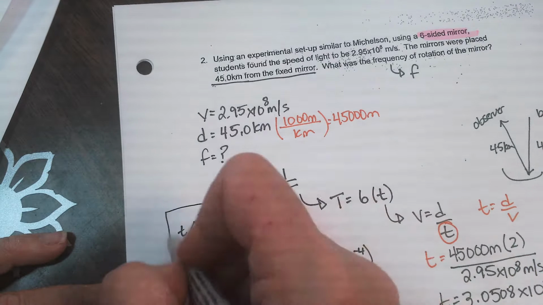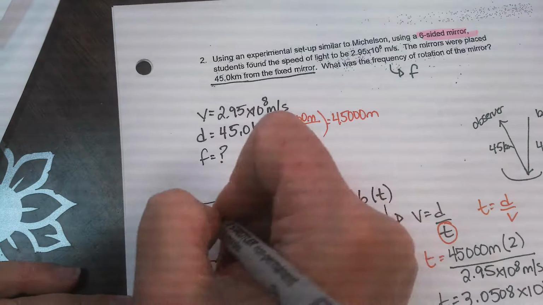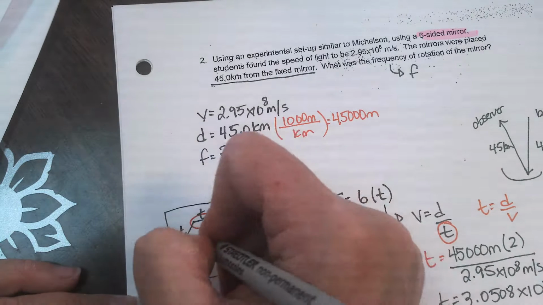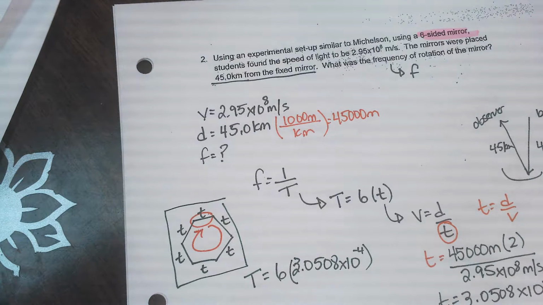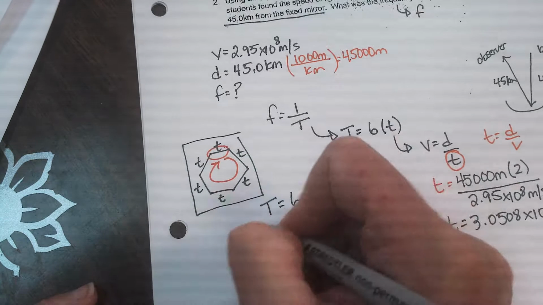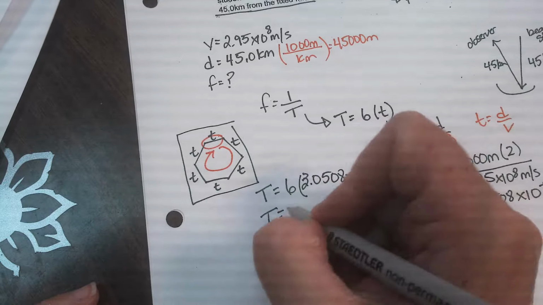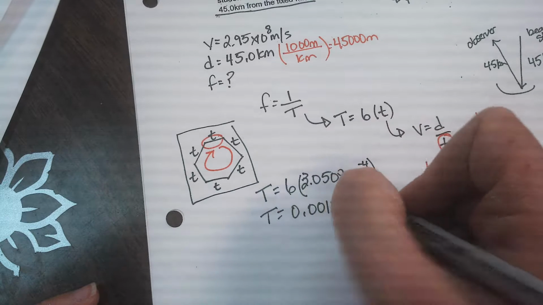So if I want the total time it takes for this side to go all the way around and back again, I have to multiply the time by 6, one for each side. Period is going to be equal to 0.001835 seconds.